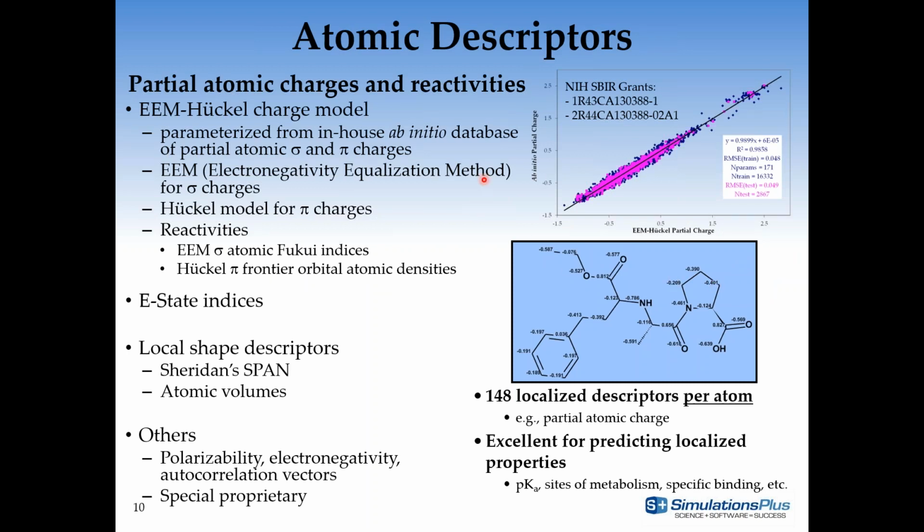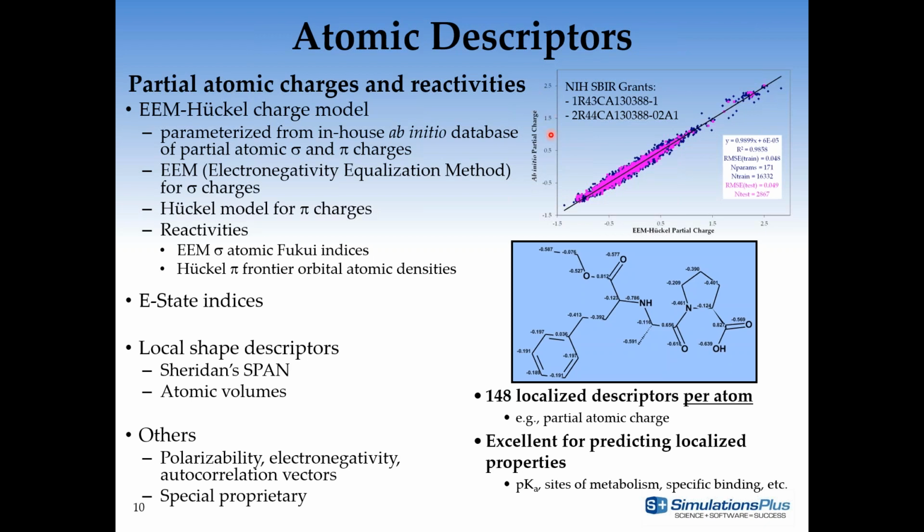Several years back, under a grant, we wanted to develop a way to estimate accurate quantum level charges. So under the grant, we spent a great deal of time calculating quantum level partial atomic charges on a large set of drug-like compounds.